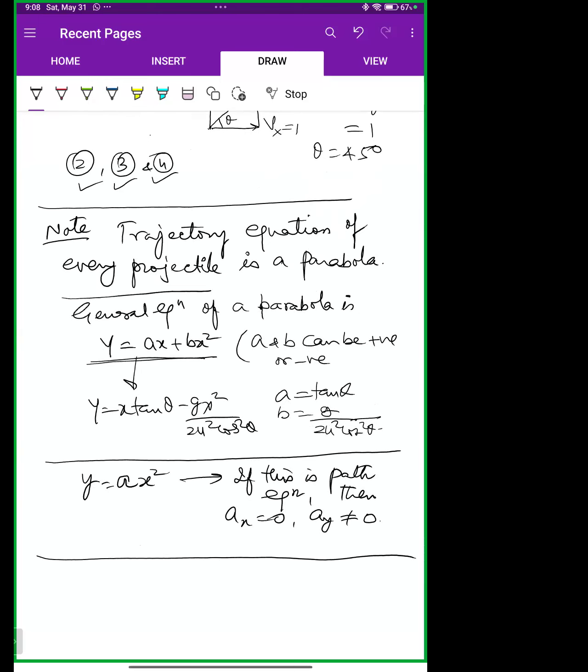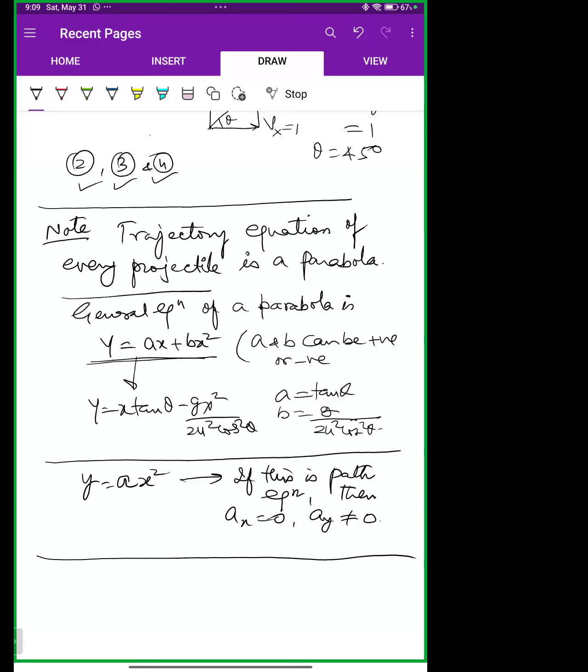Can you explain the diagram that you made at t equal to 1? How did we get Vy is equal to 1 and Vx is equal to 1? See, Vx was given. Given initial velocity is 1. Initially it is a horizontal throw, so all the velocity component was in x direction.